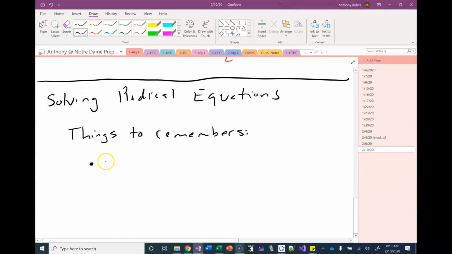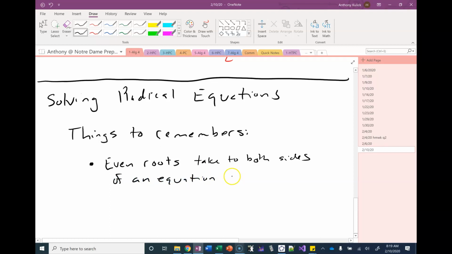The first thing is, when we take the even root to both sides of an equation, it creates a plus or minus.